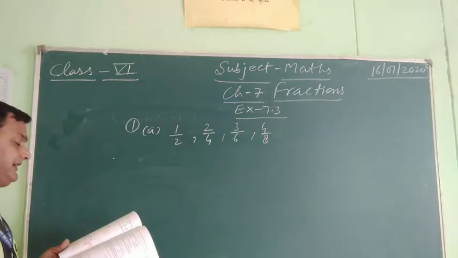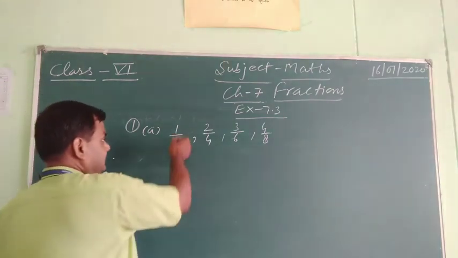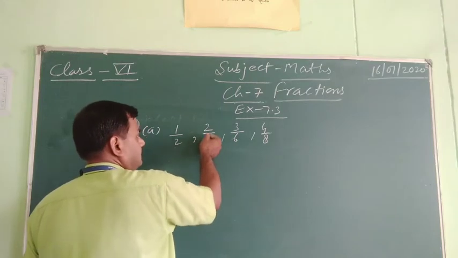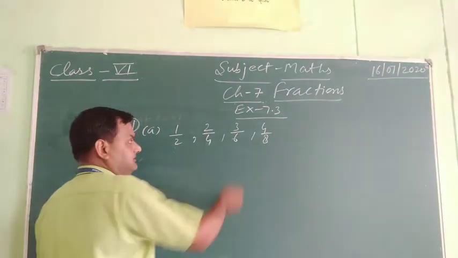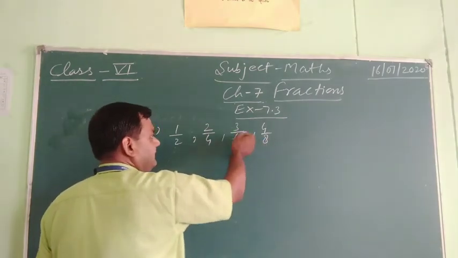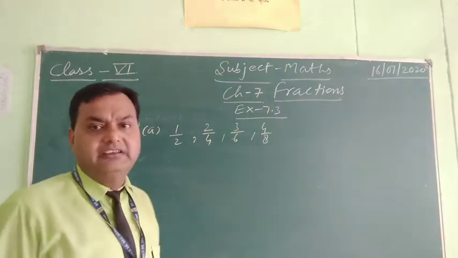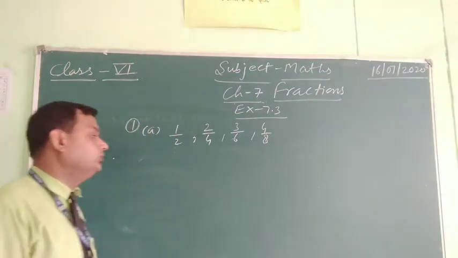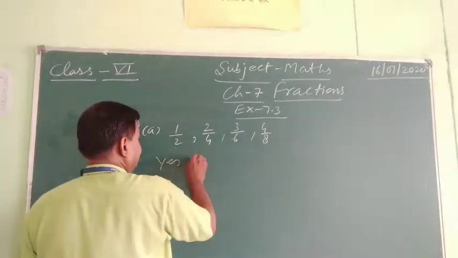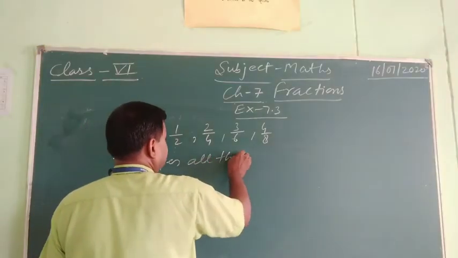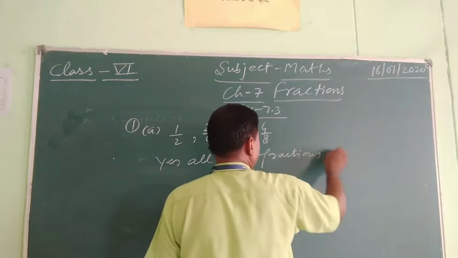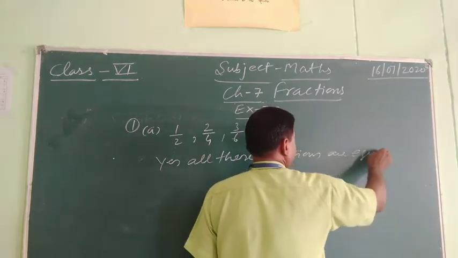Are all these fractions equivalent? Yes. 2 upon 4 is equal to 1 upon 2, and 3 upon 6 and 4 upon 8 are also equal to 1 upon 2. So yes, all these fractions are equivalent.